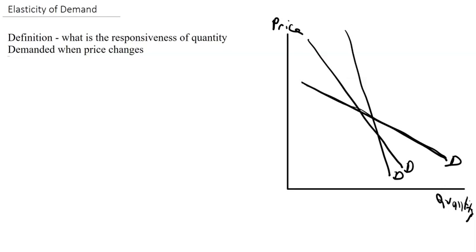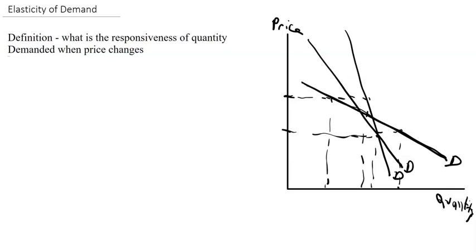So if we have the same price change, in the very flat demand curve the response in quantity demanded is a lot more than the response in a very steep demand curve. So elasticity helps us to understand that.